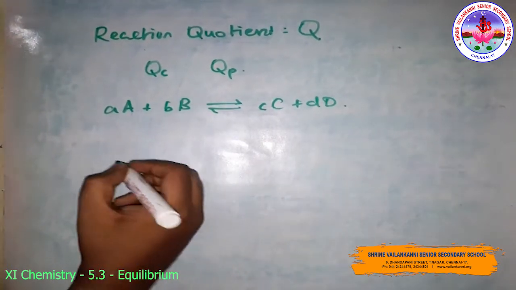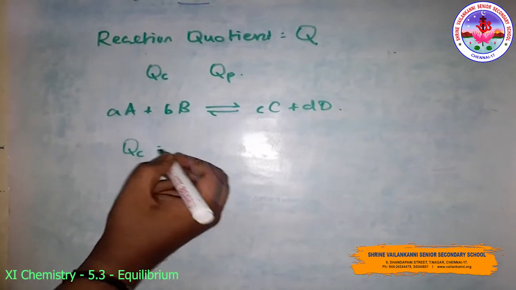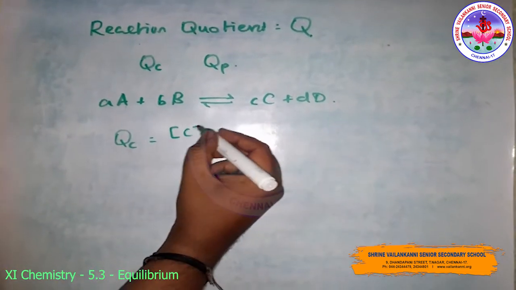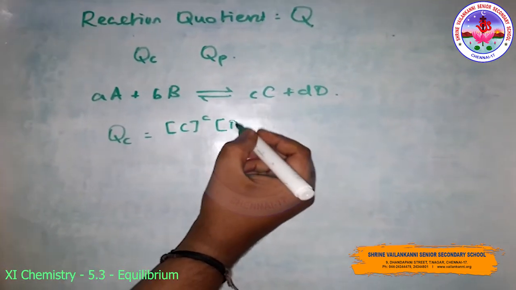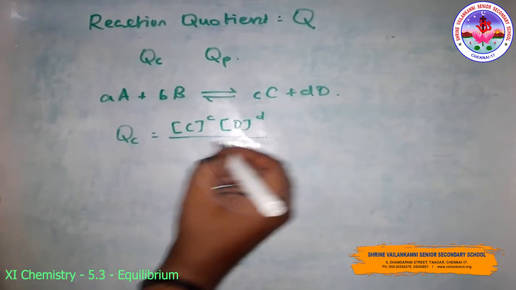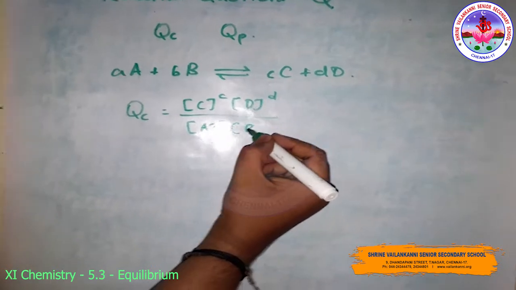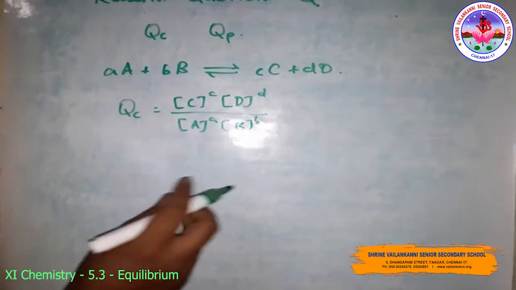Here we write Qc because of concentration: concentration of C to the power c times concentration of D to the power d, divided by concentration of A to the power a times concentration of B to the power b.